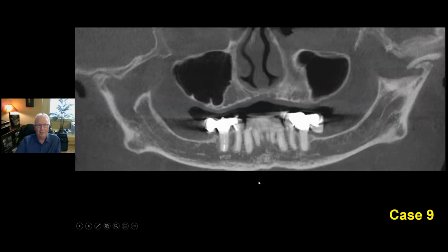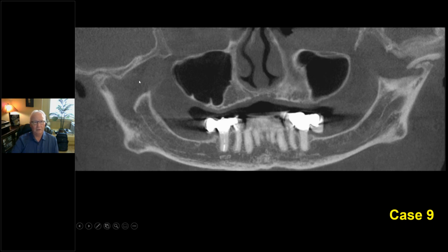So, all right, case number 9, this is a fun case. This is where I'm going to try and convince you that if I were restoring areas that had been edentulous for a number of years, often these patients are older, and often they have some type of osteoarthritic problem going on, either by history, by looking at their knobby knuckles on their hands, or by asking them, oh yeah, my knee, my hip.